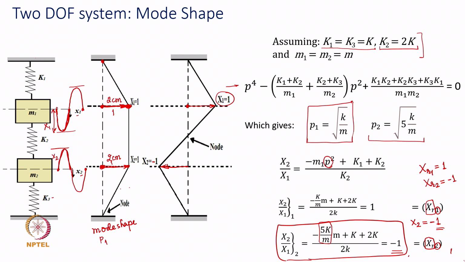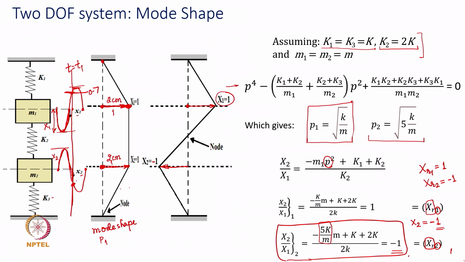Please make a note here that it is not only the peak amplitude that is identical. If you take any instant of time, let us say t equal to t1, the amplitude of mass m1 is going to be so much, let us say 0.7 units.